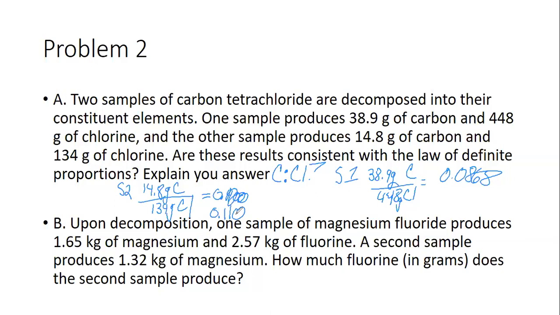So we're going to assume we live in this universe, and if somebody hands you 2 samples of carbon tetrachloride, you can't just look at it and be like, yeah, I know for sure that is or isn't. So if you do this type of experiment and you see the ratios are different, well, the simplest answer is one sample is not carbon tetrachloride because they should have the same amount, right?